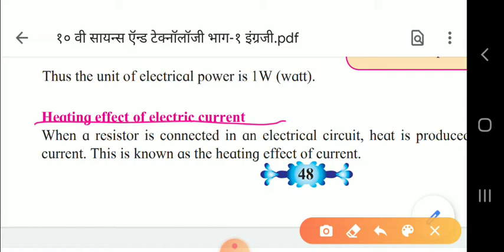Again listen, P is equal to V into I, second, P is equal to I square into R, and third, P is equal to V square upon R. You can use these in the numerical problems.